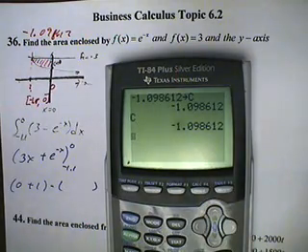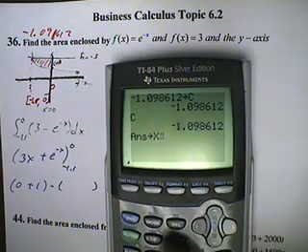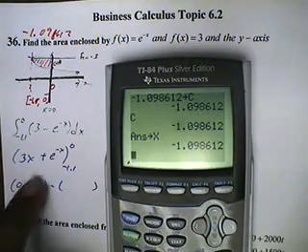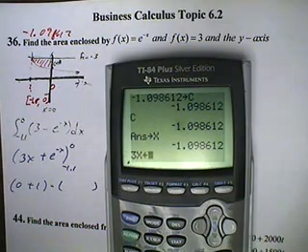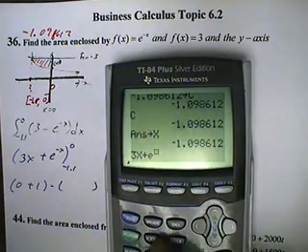Alright, so we want to multiply 3 times that C. In fact, let me store that into X instead. So I want 3 times x, so 3x, and then I want plus e raised to the negative x.